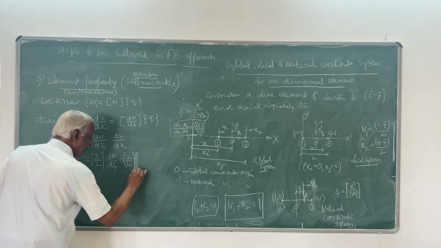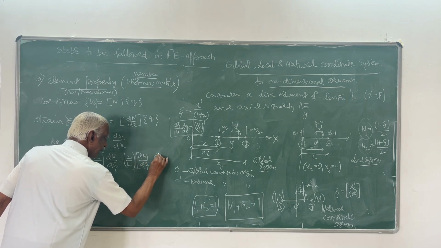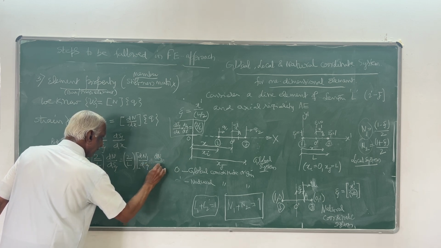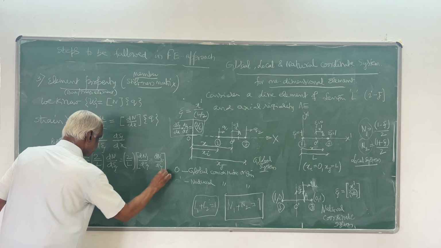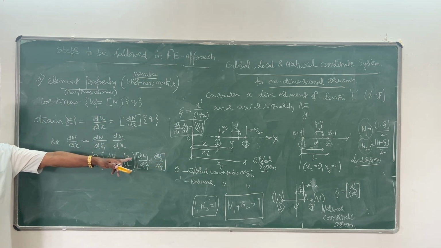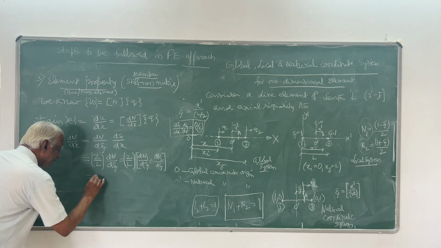dN by d psi is dN1 by d psi and dN2 by d psi. N is nothing but N1, N2.